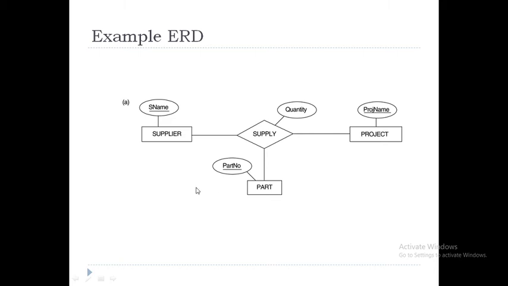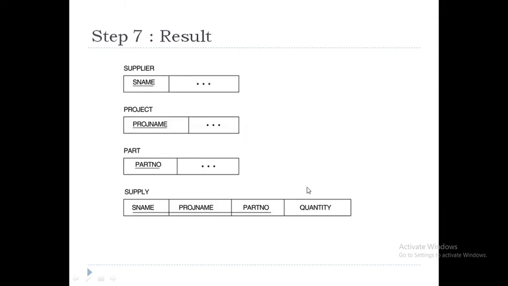And in this supply, we have to include the primary keys of these participating entities. So we'll have S name, project name and part number, and the combination of these 3 will become the primary key of this new relation, and S name as the foreign key referring supplier relation.